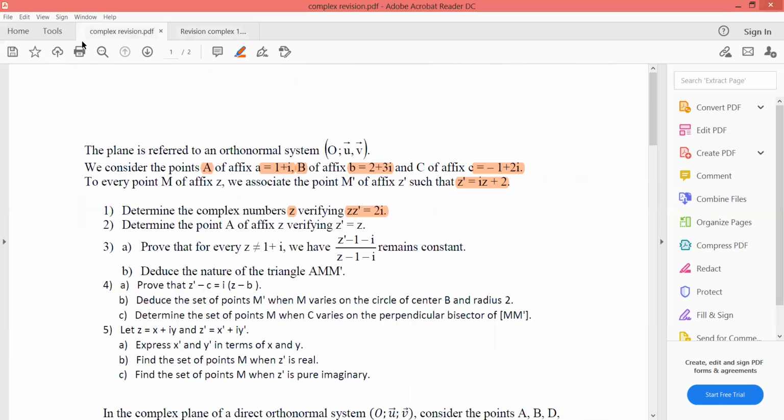Okay. Read part 2. Determine the point A of affix z verifying z prime equals z. We have to find point A. Z prime equal z.